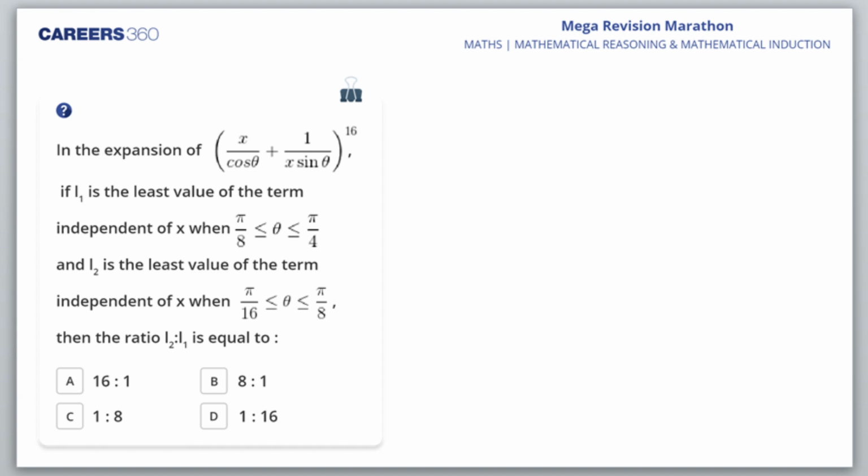Yes, go ahead students. Solve it. Go ahead students. Solve this question. Yes, Varsha, no term independent of x. You're right only.